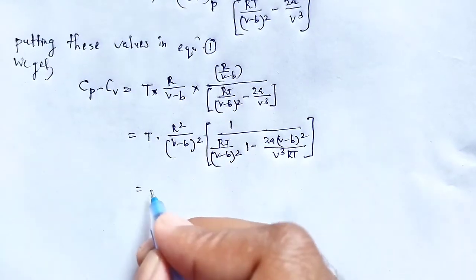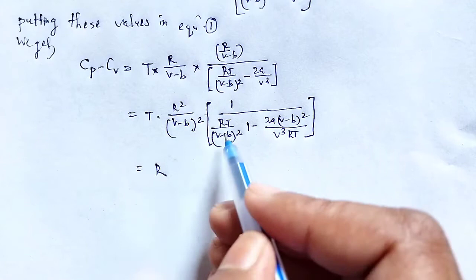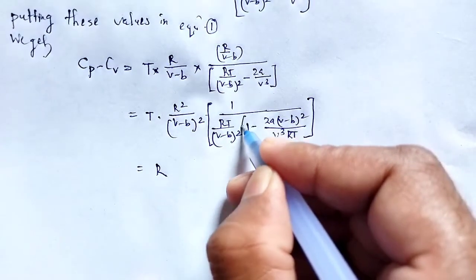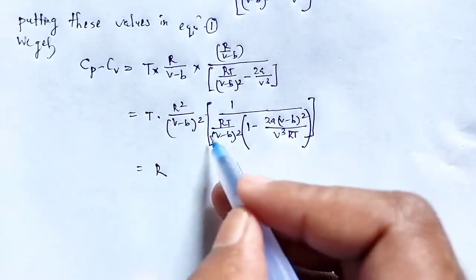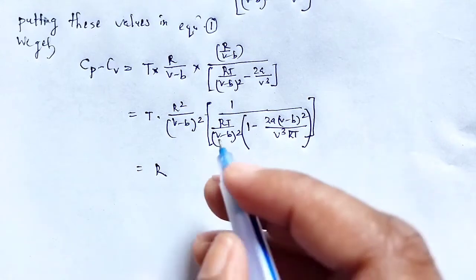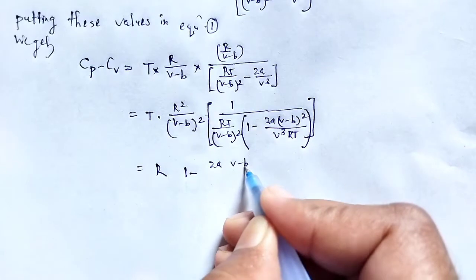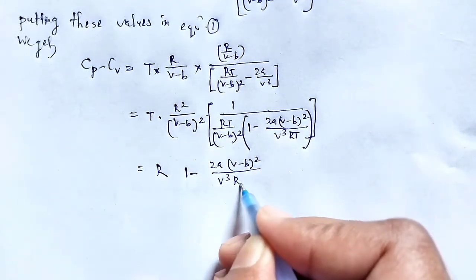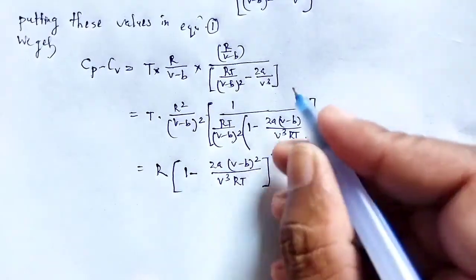Is equal to R. This is the common term inside that bracket, so that term cancels out, T cancels out, V minus b square cancels out, only R exists. So in that bracket 1 minus 2a into V minus b whole square divided by V cube RT to the power minus 1.